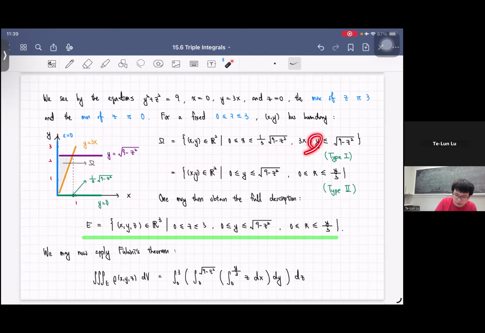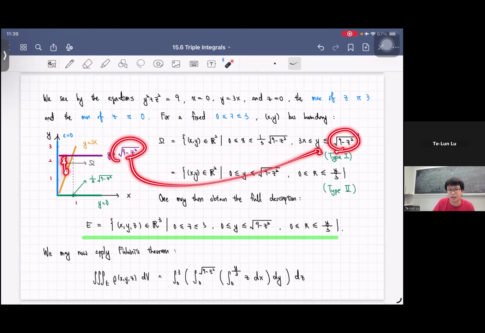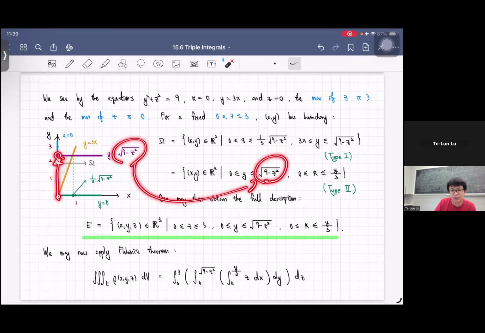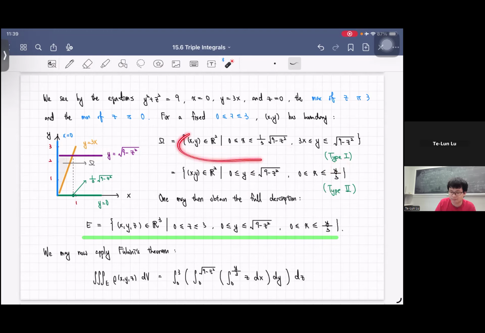And x in this case will go all the way from y over 3 to 0. And if we regard it as a type 2 domain, then y will go from 0 all the way to the square root of 9 minus z squared, and x will go from 0 to y over 3. So both of these work.